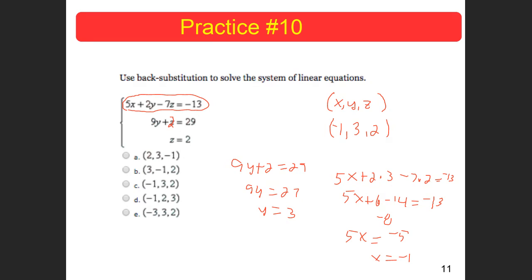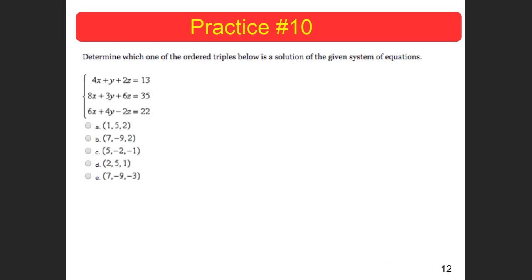Now the next problem is a little bit tougher because now we have to do everything. We have to get rid of all the variables. Okay, so I'm looking at it and which variables do I want to get rid of? I'm going to use these two equations. I'm going to get rid of the z value because then I don't have to change anything, right?